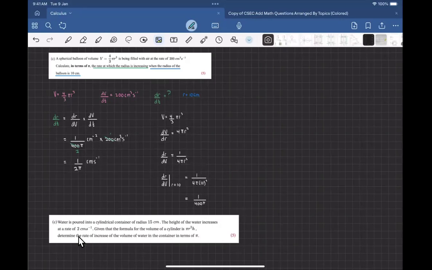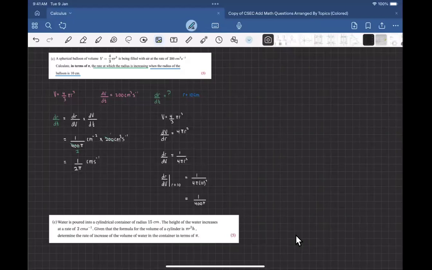Aliyah, did you get through with this question on the board? I'm trying to work it out. So, Aliyah, what were the main pieces of information? The radius of the container, so they gave you the radius. What else did they give you?